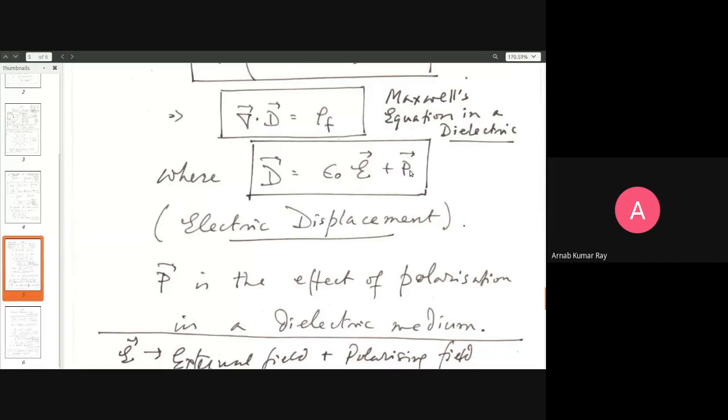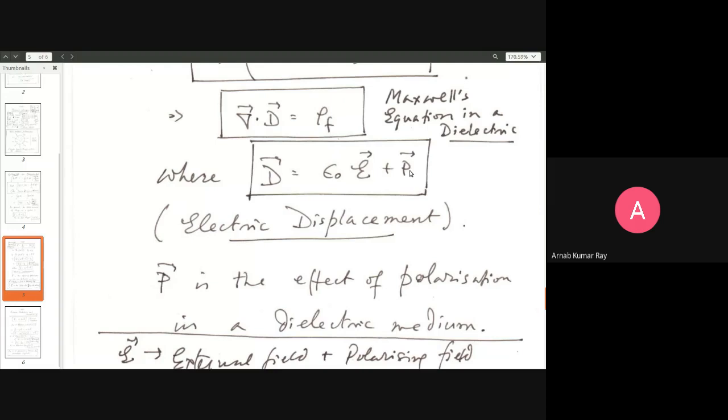Current is charge per time, charge flow per unit time. So you multiply current by time and you get charge, or vice versa. So these are the physical dimensions that we work with.